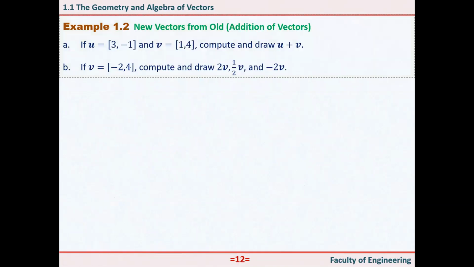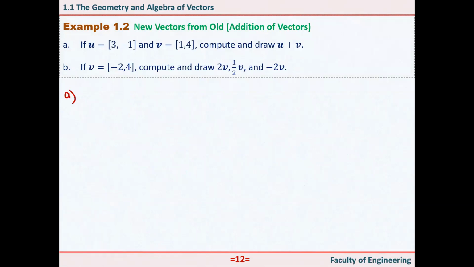Good. Another example is about new vectors from old, the addition of vectors. It says that we are given vector u, whose components are 3, -1, and v, 1 and 4. Compute and draw u plus v. Okay, component-wise, how do you add them? We just add their corresponding components.